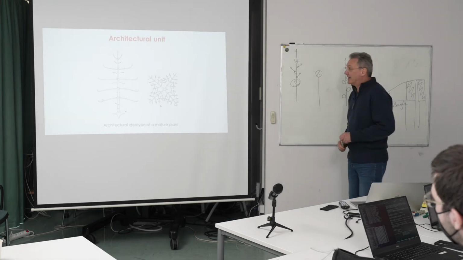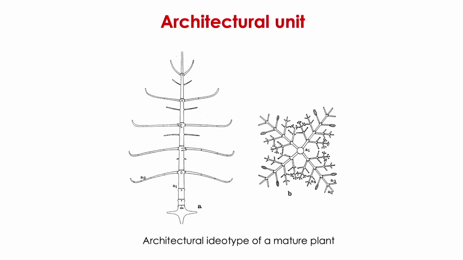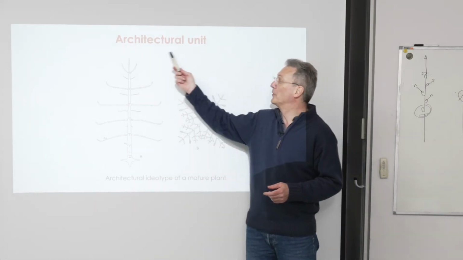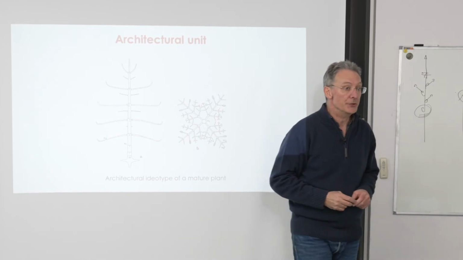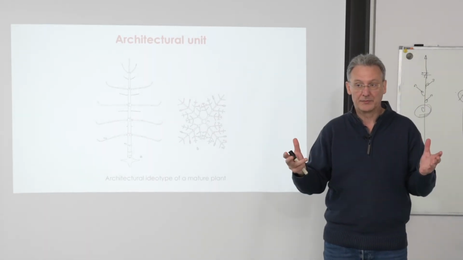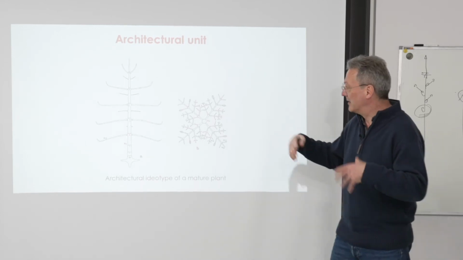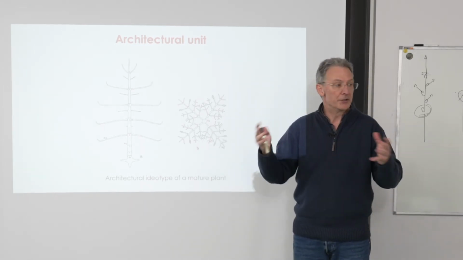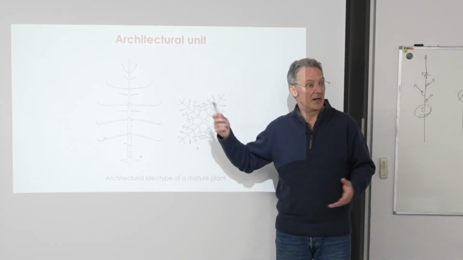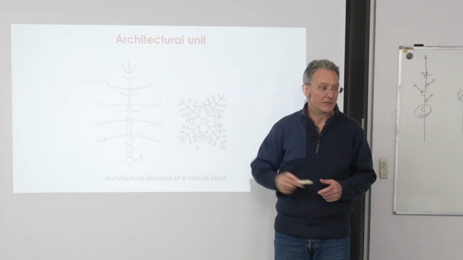And with this, what they could produce is a sort of architectural view of the plant, which we could call a sort of ideotype, but this was called architectural unit, saying that this is the way a plant grows. In general, if we forget about all the details, the general traits of the growth are the ones in the table before.